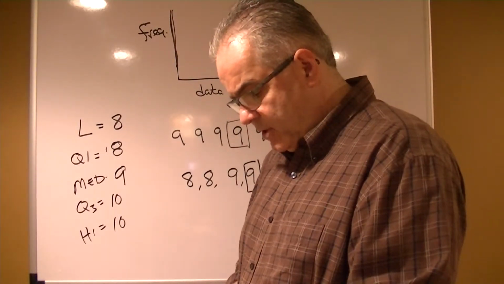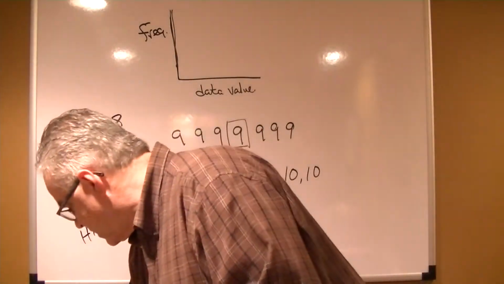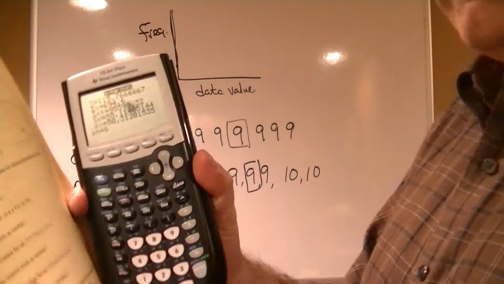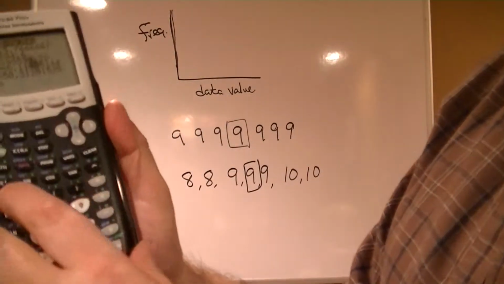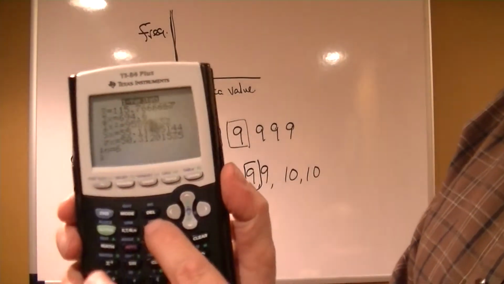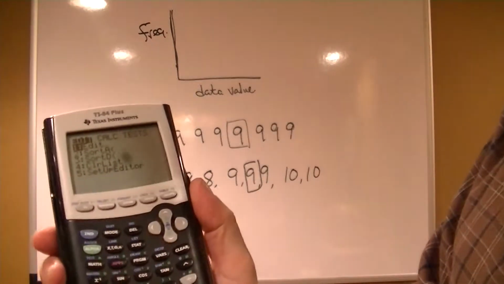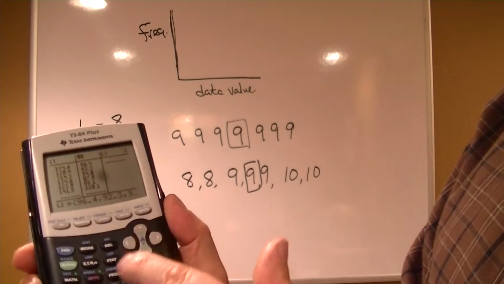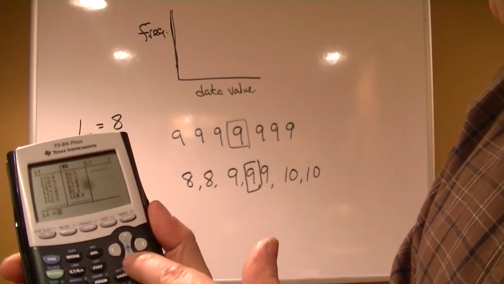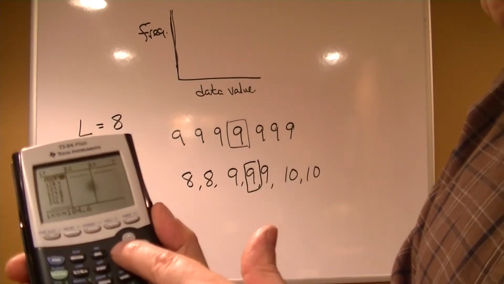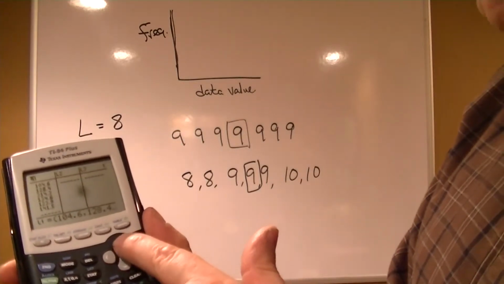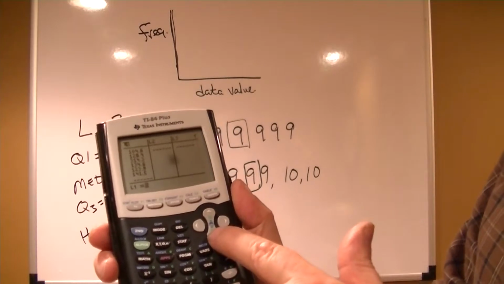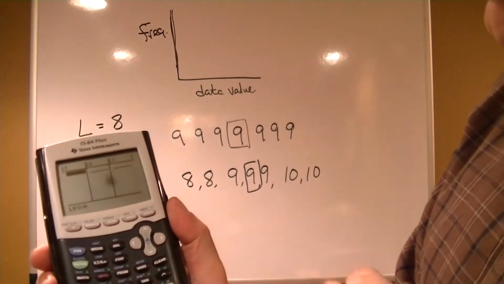So right from the start here, I'm going to hit stat, edit, number 1. I've got 2 data sets here, so I'm going to get rid of these. Clear, bring it down, go over to the L1, go up to the very top, hit clear, and then toggle down 1, and they'll be gone.